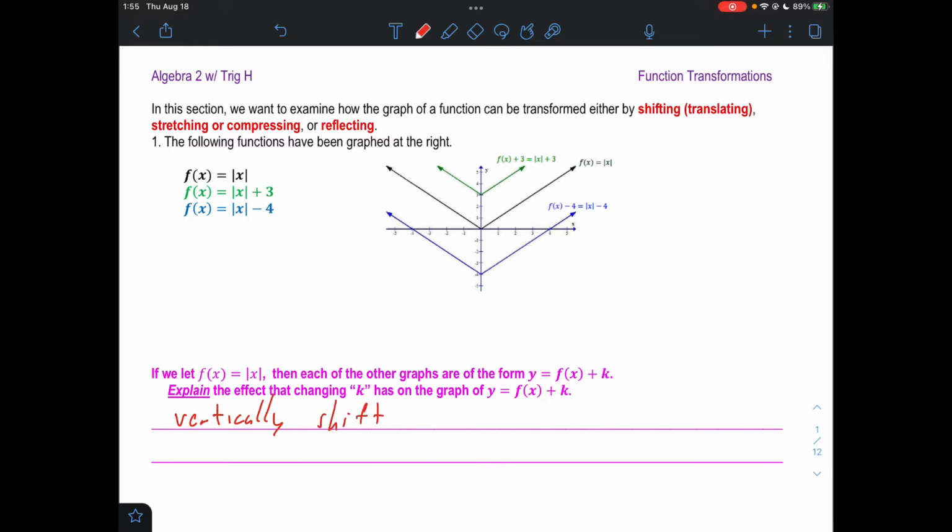The actual mathematical word is translate, but we usually say shift, up or down. So we call it a vertical shift. If k is positive, it's up. And if k is negative, it's down.